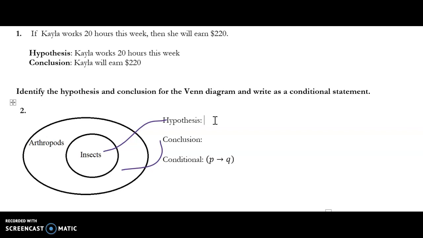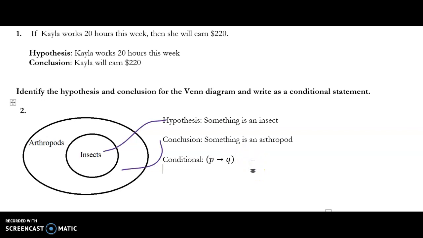So the hypothesis is, something is an insect. The conclusion is something is an arthropod. Okay?